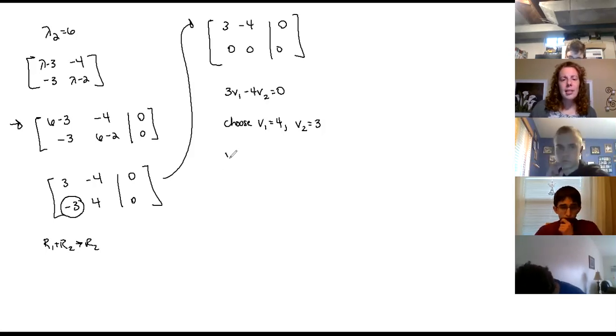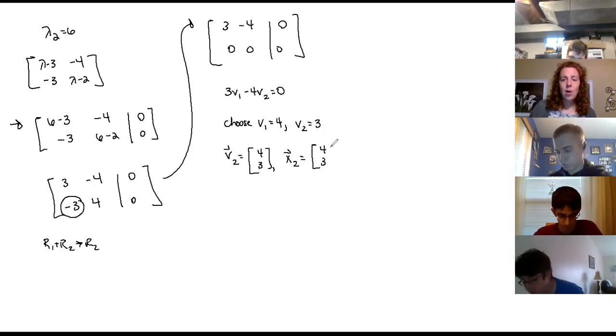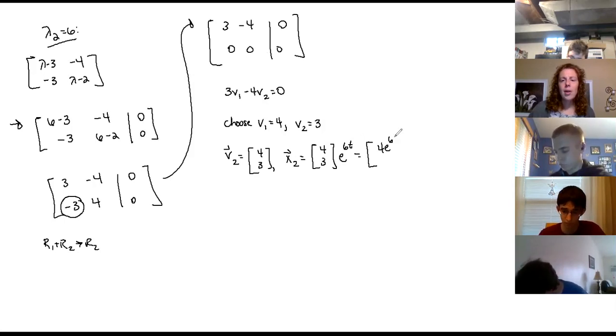So in this case, my vector V2 is 4, 3, and my vector X2 is 4, 3 times e to the 6t, because I am dealing with lambda 2 equals 6 for this particular example. If you want to multiply through, 4e to the 6t, 3e to the 6t.